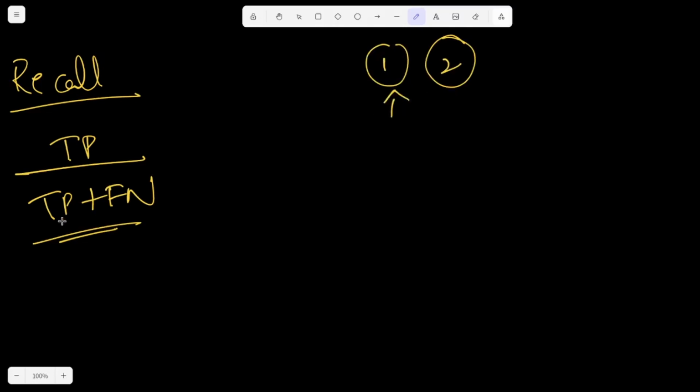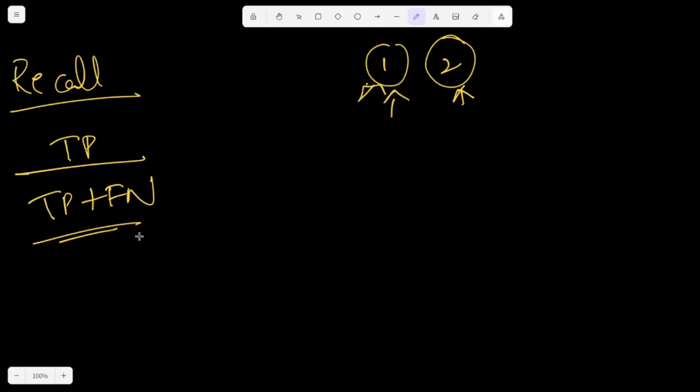True positive is the instance where the model predicted a particular sample to be of class 1 and it actually belongs to class 1. And false negative is an instance where a sample is passed to the model and it predicted the sample to belong to class 2, but it actually belongs to class 1. So that's the instance of a false negative.